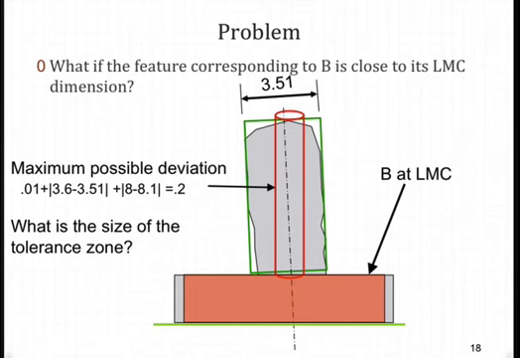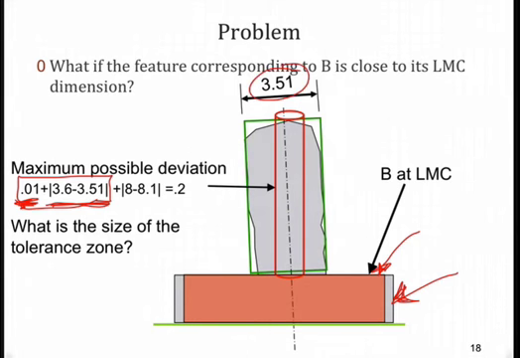And here we see this red region here indicating that we are at least material condition versus maximum material condition, again for datum B. Well, we've already accounted for the fact that our feature can deviate from its maximum material condition, which would give us 0.01 plus our difference between 3.6 MMC and our actual 3.51. So we have an additional 0.09 tolerance available there.